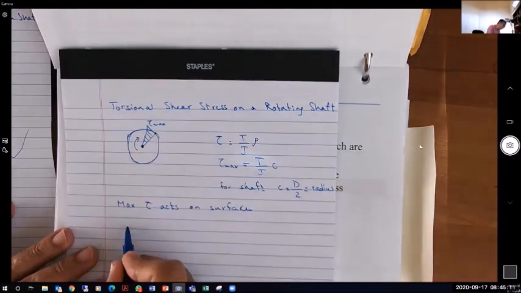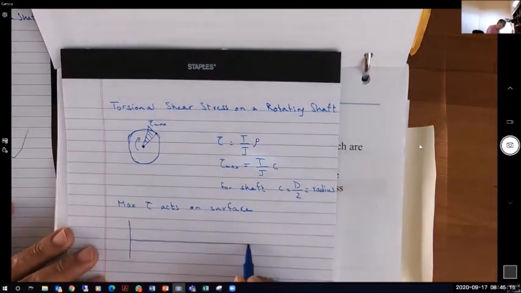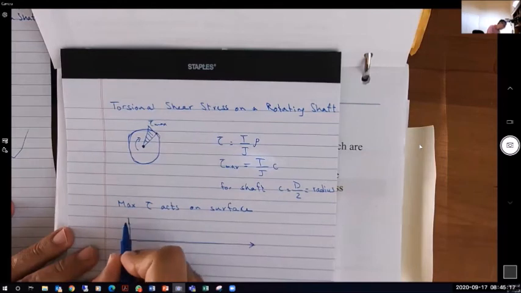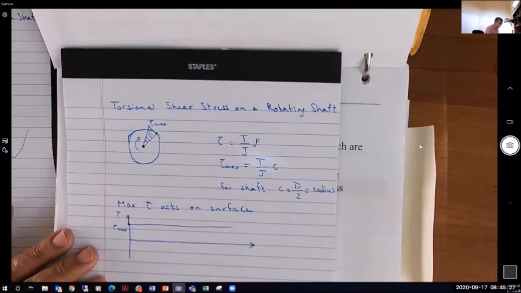So if I plot the variation where I have my tau max, as the shaft rotates, I really see no change in the shear stress over time.